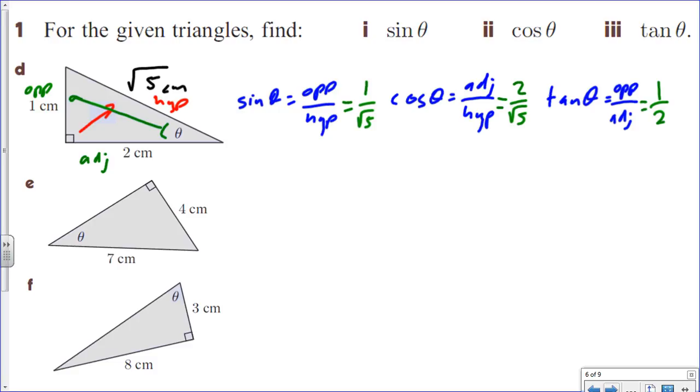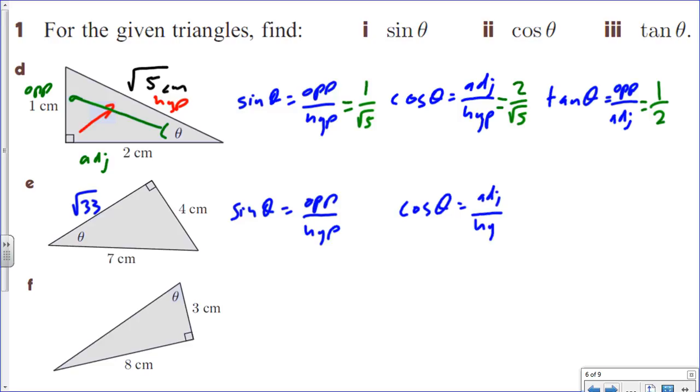So this one here, we know the hypotenuse, we know our side, so it's going to be the square root of 7 squared take away 4 squared, so 49 take away 16 is 33, so it's going to be square root 33 in that spot there. So now we need to write our trigonometry. Sine theta equals opposite over hypotenuse. Cos theta equals adjacent over hypotenuse.